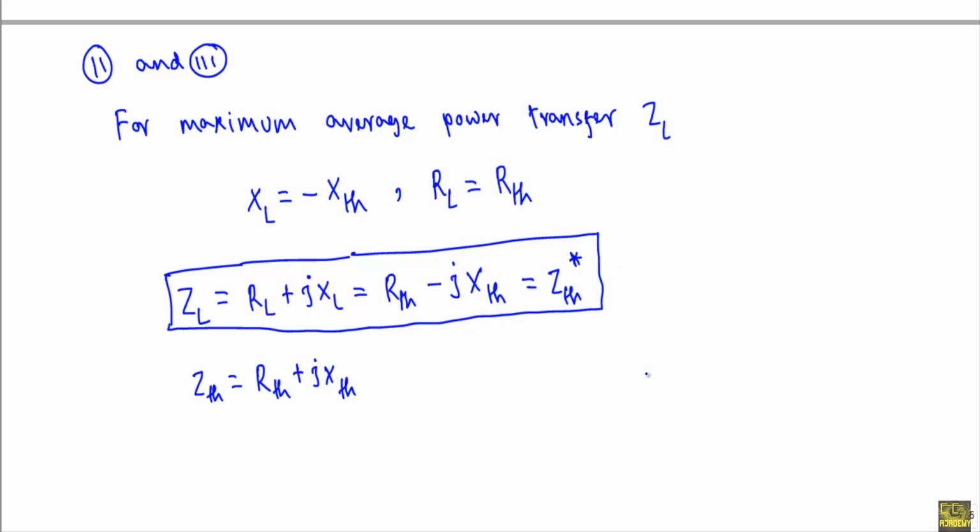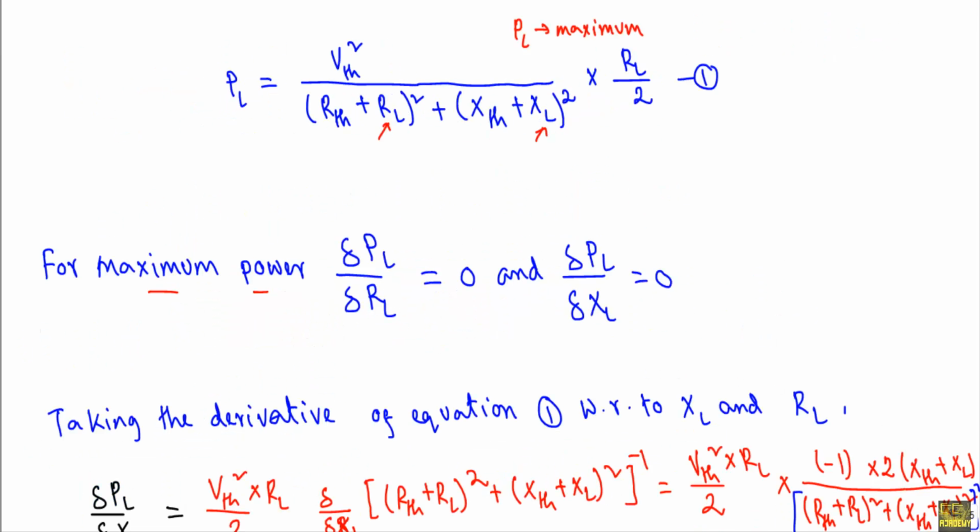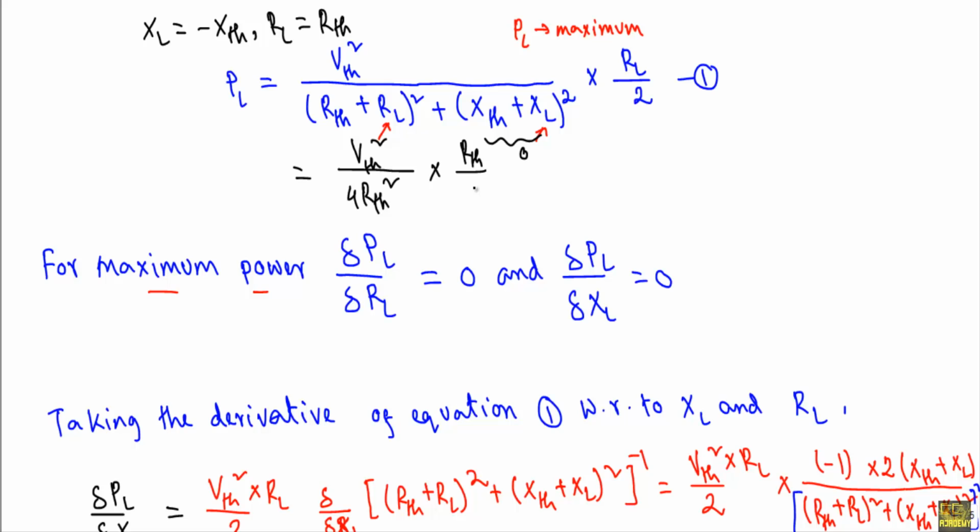Now see, for maximum power transfer theorem XL is equal to minus XTH and RL is equal to RTH. See here, if I put the two conditions for maximum power transfer theorem in this equation, I will get VTH square over 4 RTH square. Here if I put XL equal to minus XTH, this term will be reduced to 0, into RTH over 2.